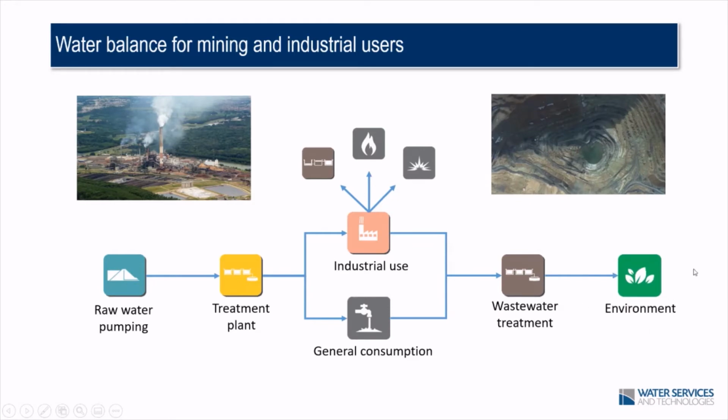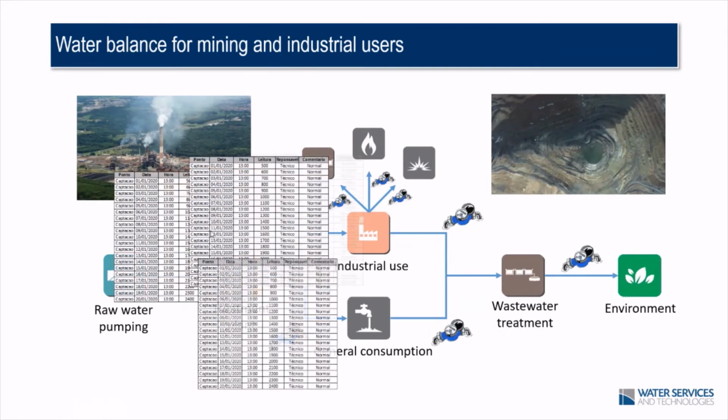So if you want to analyze this water circuit, if we want to know the water balance of my industry, if I want to see everything that happens with the water, I want to know the quantity of water that goes through each flux of water. I would need to install, for example, some water meters on each of these fluxes, and this would represent a lot of tables with data.